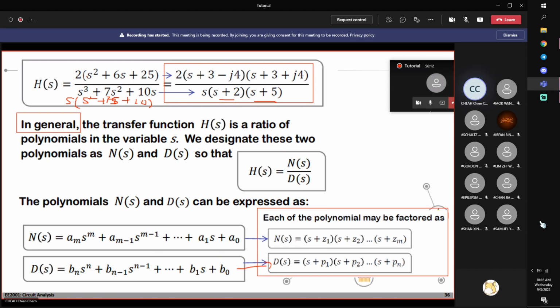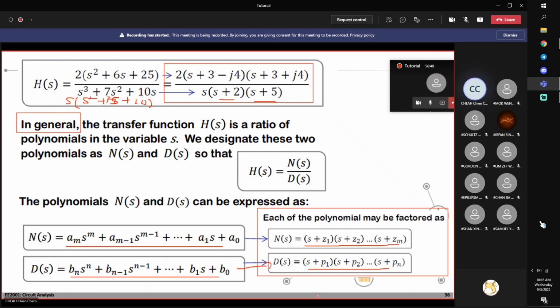Okay, but some you can't factorize into real factors. However, you can factorize them into complex first order factors. In either case, it means that you can factorize, but some may be real, some may be complex, right? In general, polynomials can be factorized into many first order factors.